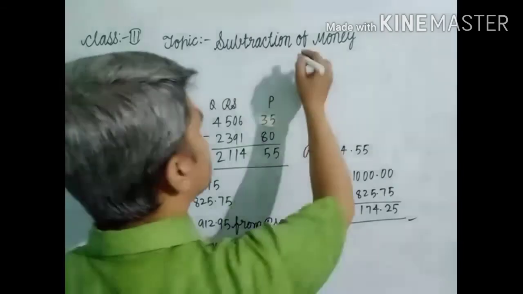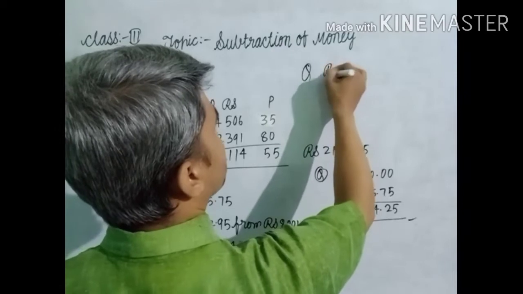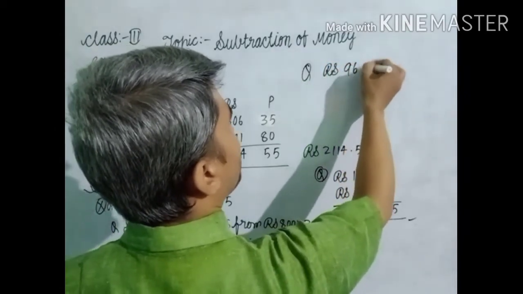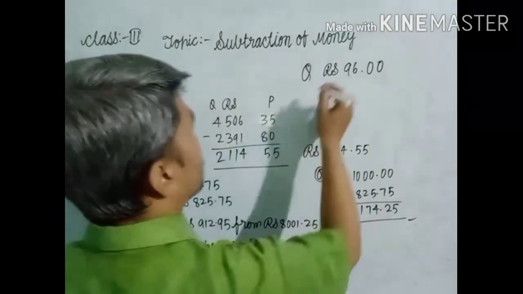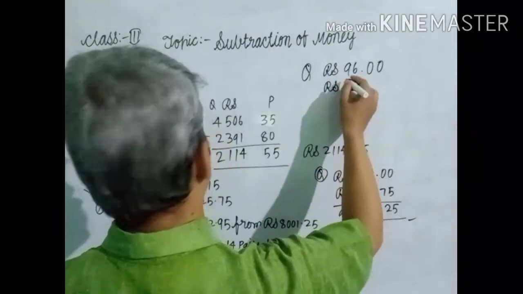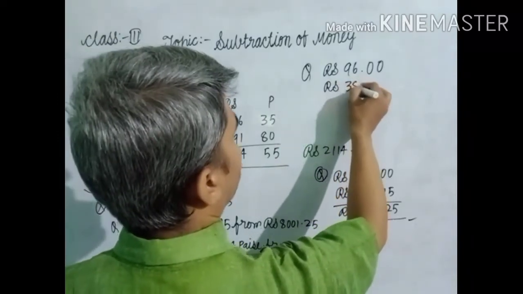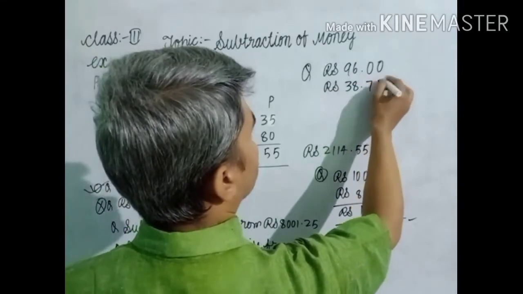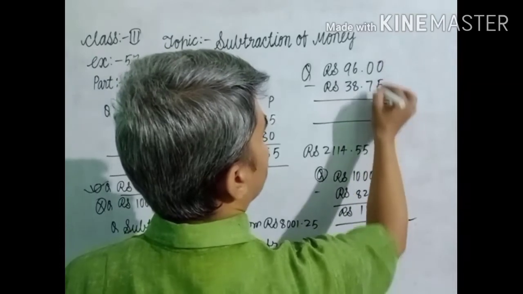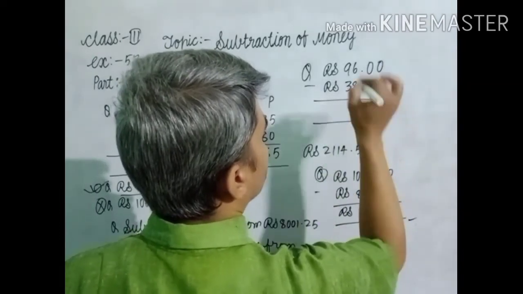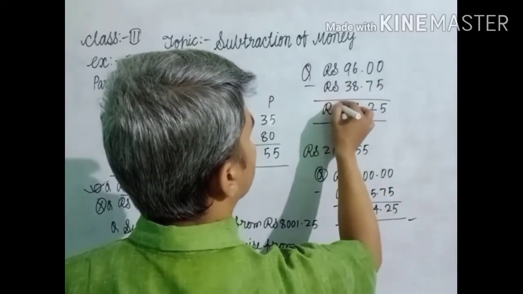So you write here Rs 96.00. Okay, and here Rs 38.75. Now you subtract them. 10 minus 5 is 5, 9 minus 7 is 2, and put the decimal here. 15 minus 8 is 7, 8 minus 3 is 5. This is your final answer.